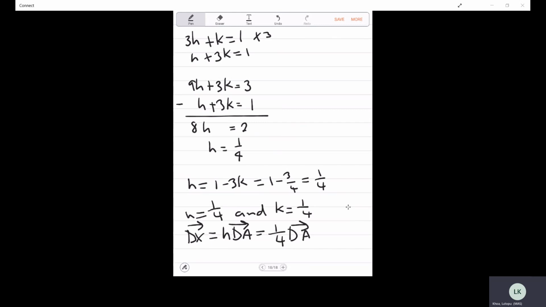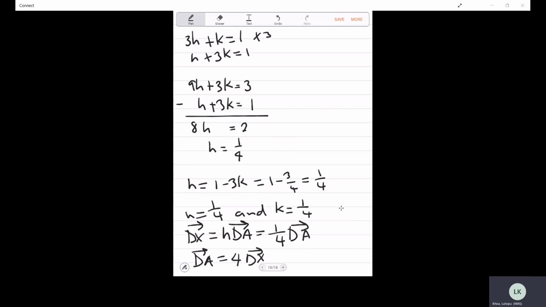This means that DA is equal to 4 DX. So I just multiply by 4 on both sides.